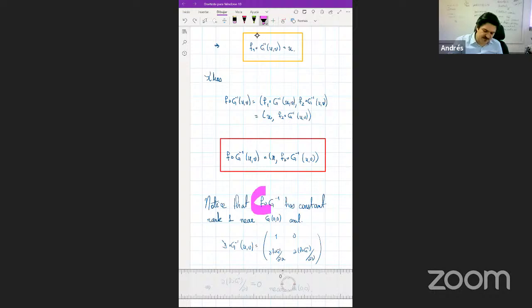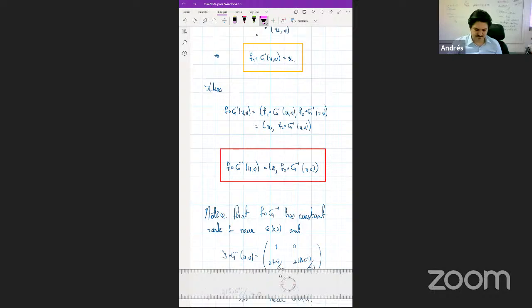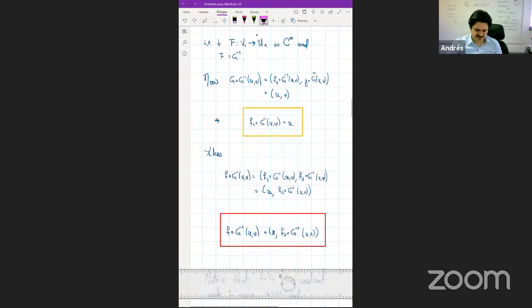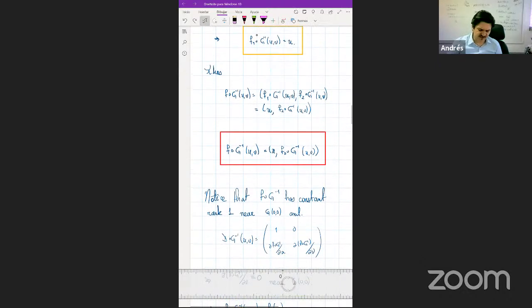So this function has rank 1, but now on this point. I'm computing here the differential of the inverse.